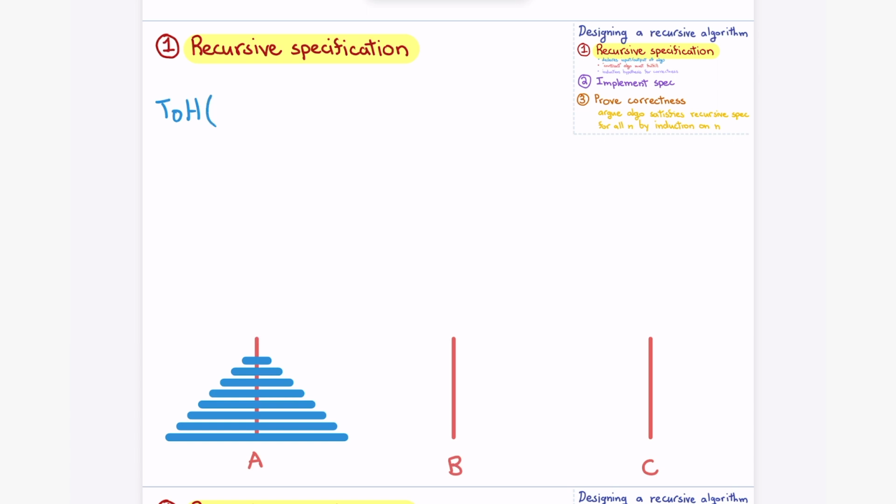And then usually the next step is to try to identify the input parameters. So maybe n, number of poles, 3. Okay, let's try that. And then now I need to write a sentence describing what I really mean by this.